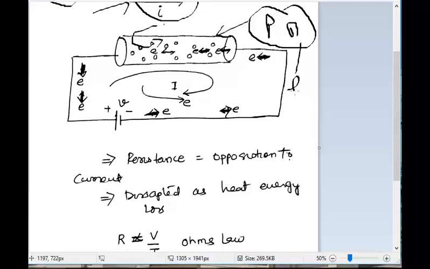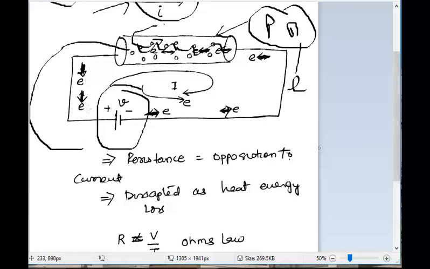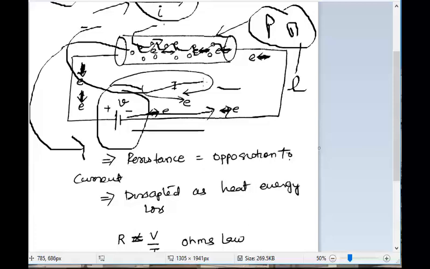And there will be free electrons, so the electrons will always be free to move inside the conductor, and whenever any electrical voltage is supplied, since electrons have a negative charge, they will be attracted towards the positive terminal, and from the negative terminal the electrons will be pushed outside. In such a way there will be the flow of electrons in this direction as shown, and the flow of current will happen in the opposite direction. That is a sign convention which is used.